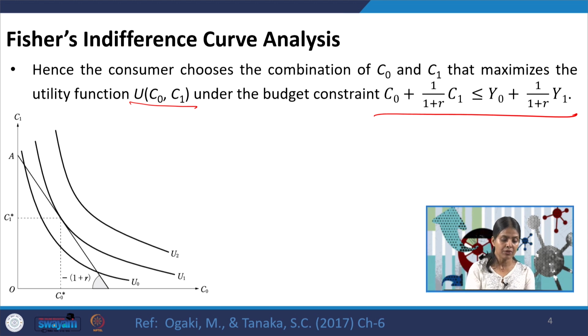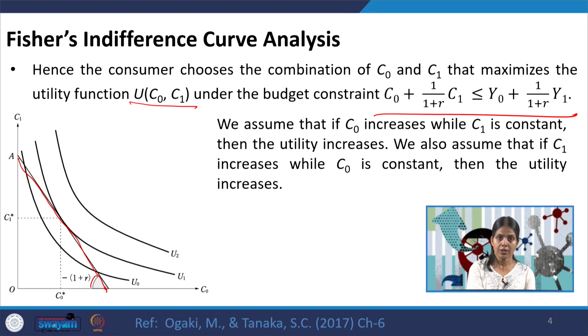In the previous module, we derived this budget constraint, and the slope of this budget constraint is given by minus (1 plus R). On the same diagram, we are now superimposing some indifference curves. We assume that if C0 increases while C1 is constant, then the utility increases.